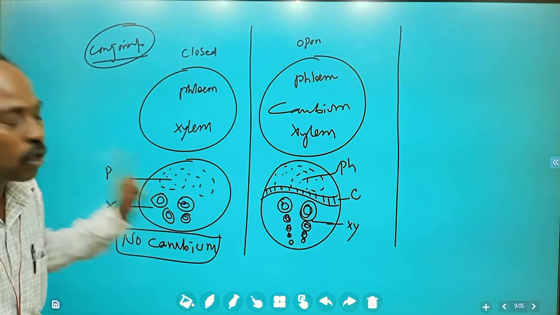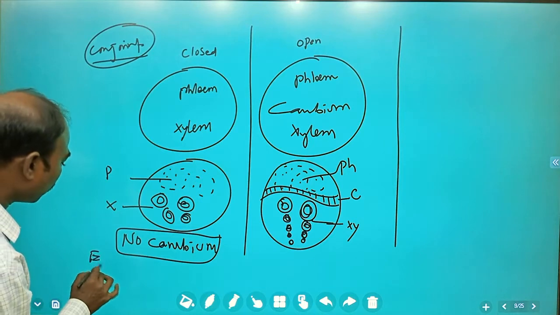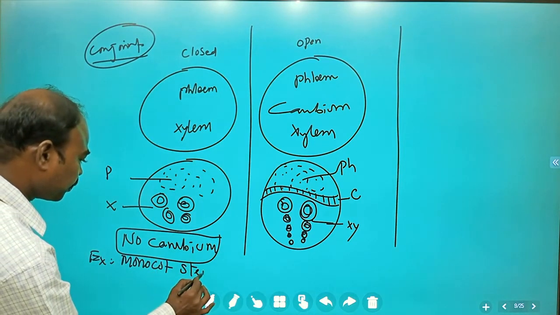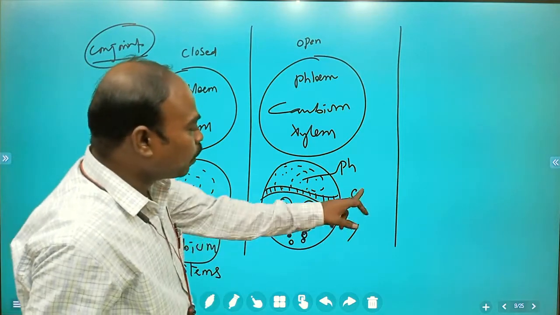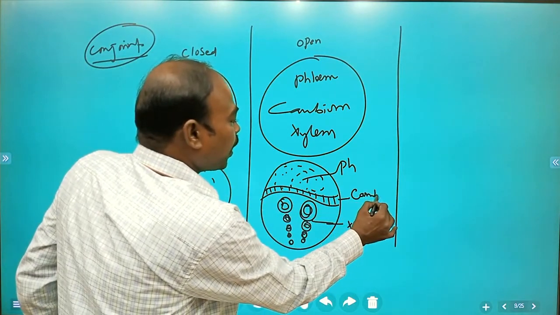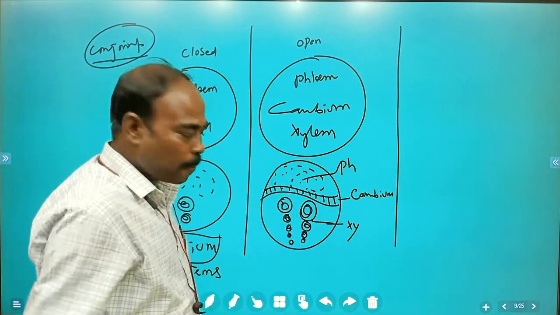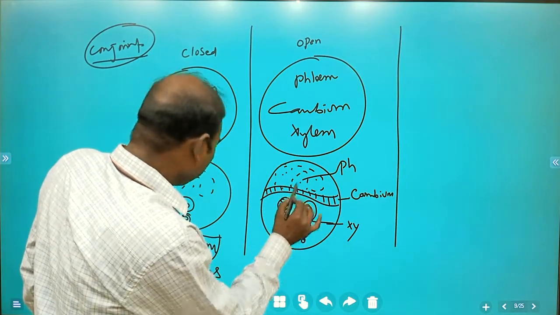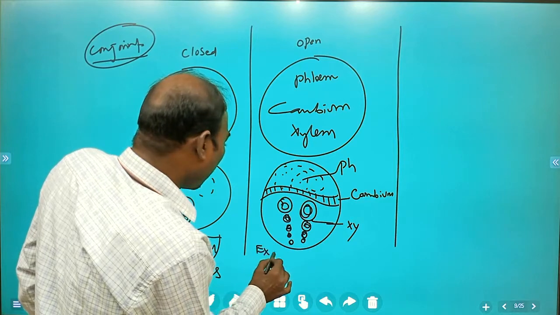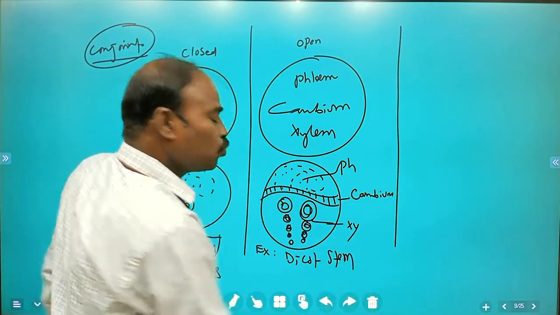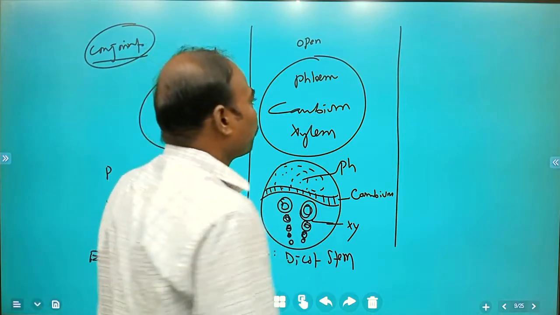These are found in monocot stems. Conjoint open bundles means in between phloem and xylem there is a cambium. So they participate in secondary growth, and are found in dicot stems and in gymnospermic stems also.